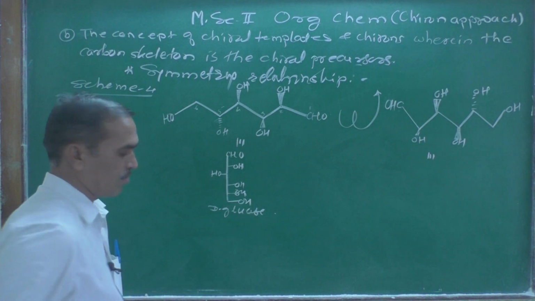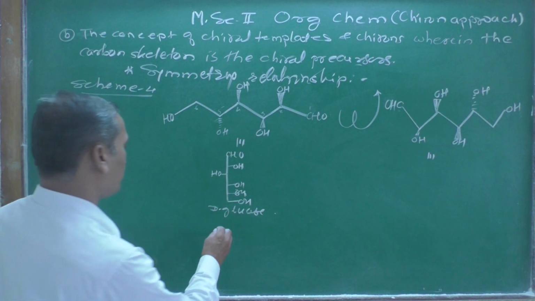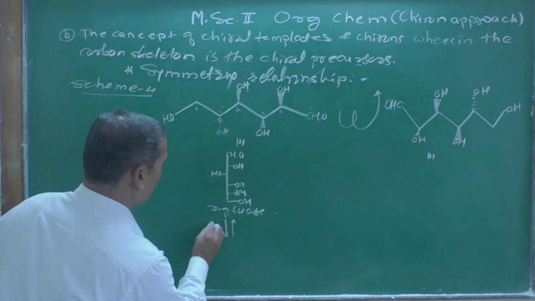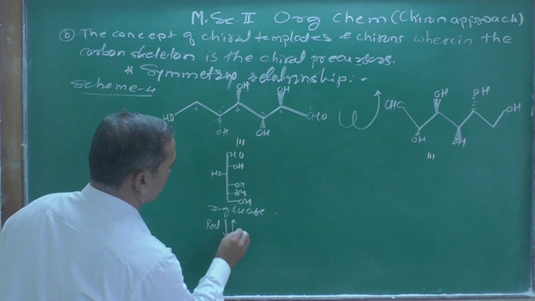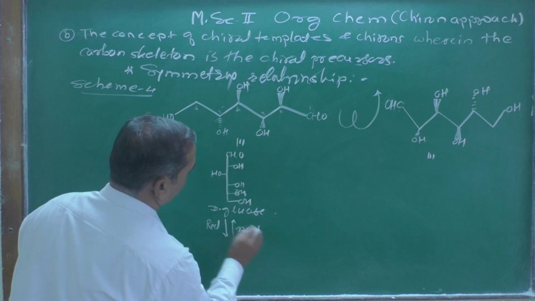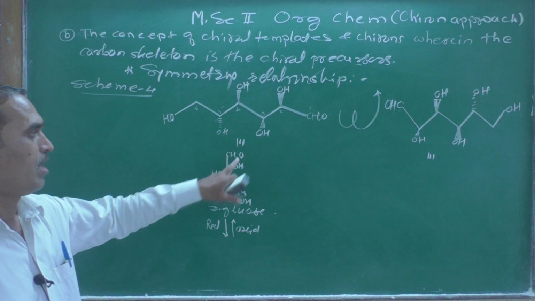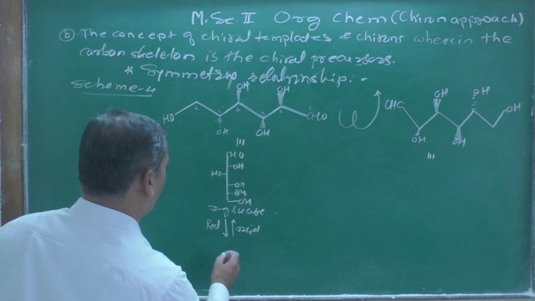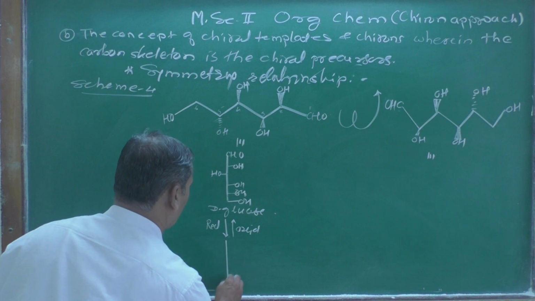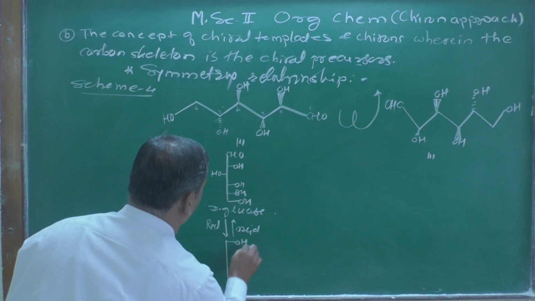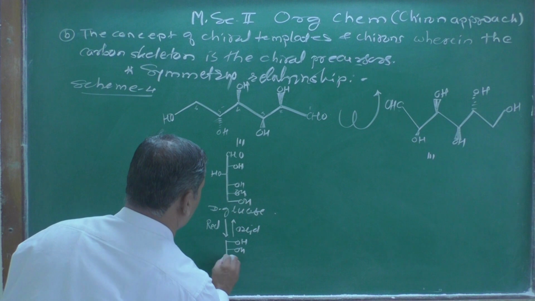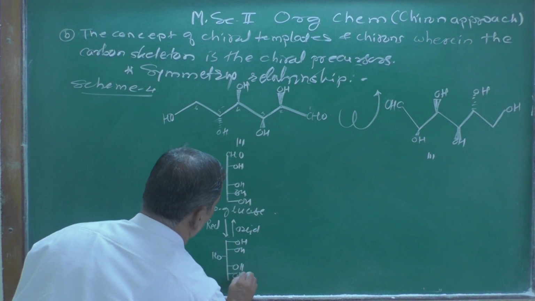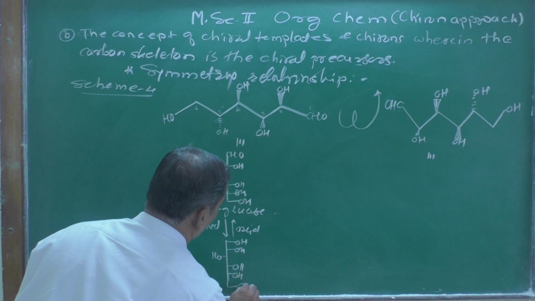This is the structure of D-glucose, and by this way and this way, here we can write a reduction, here an oxidation. Reduction means what? The aldehyde group gets converted into the reduced form. At that time, what do you get? You will get here OH, then OH, 1H over here, OH, OH and this OH.